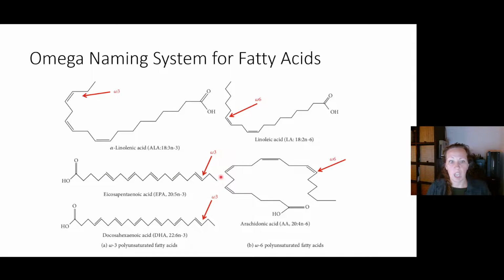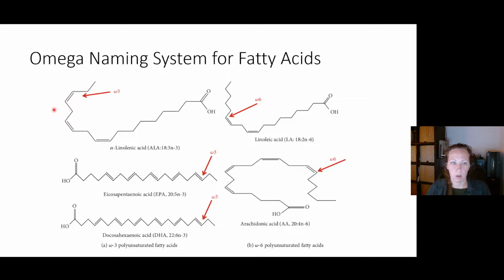And so this is the end of the fatty acid. So with the omegas, we count from the end, okay? So this alpha linolenic acid. Now remember, each end or corner of this diagram is a carbon. So we have 1, 2, 3 carbons, and that third carbon is where the first double bond is, counting from the end.